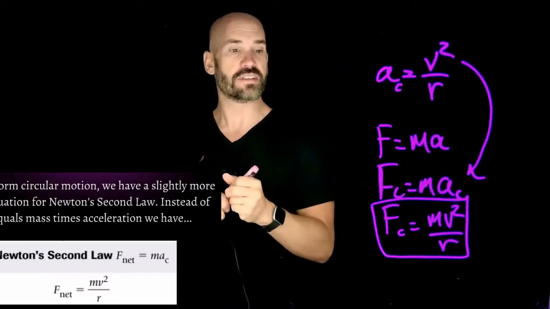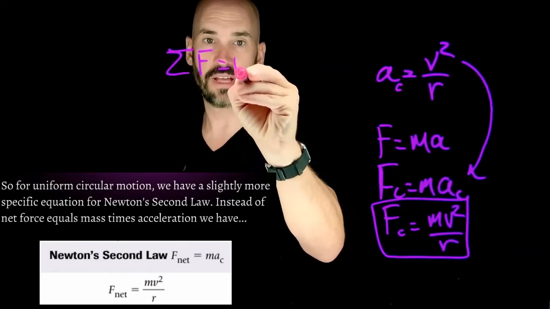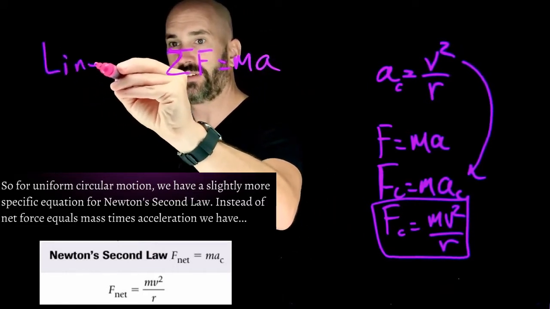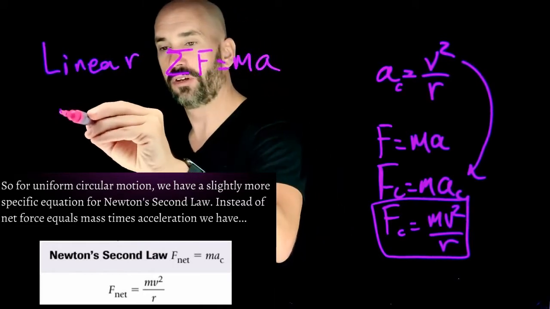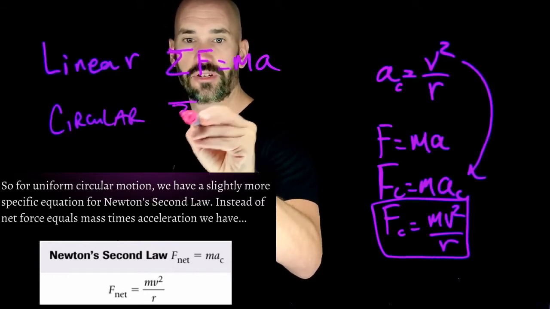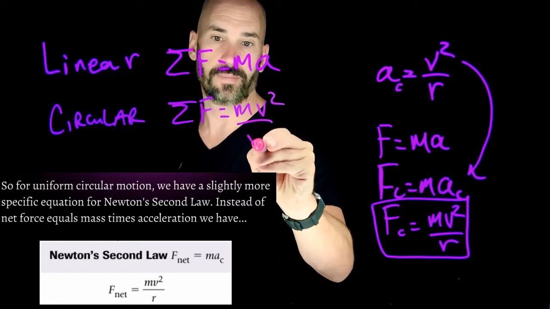Instead of the summation of forces being equal to ma, which is just for the linear world when things are moving in a line, in the circular world the summation of forces, or F net, is mv squared over r.